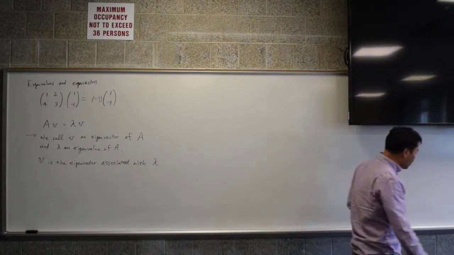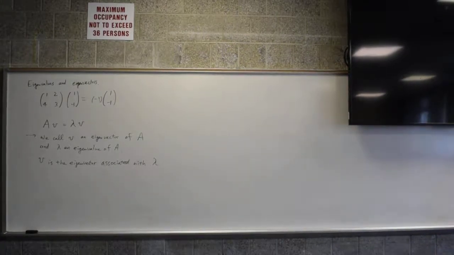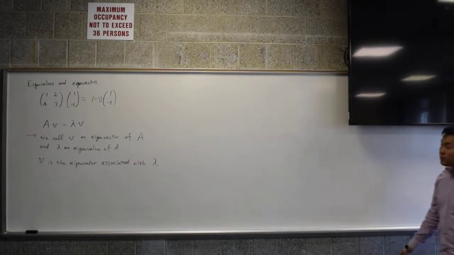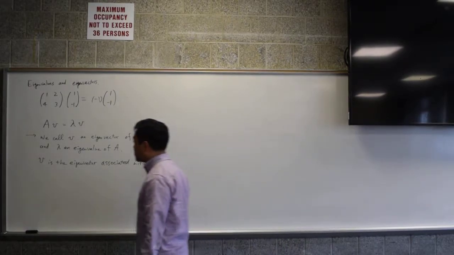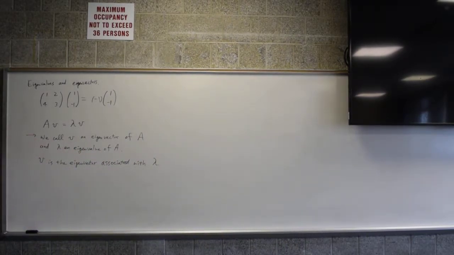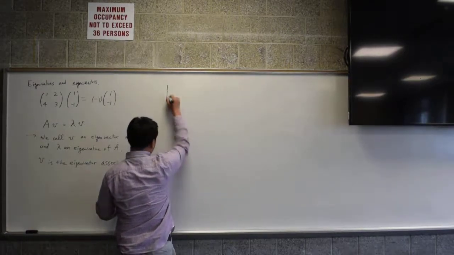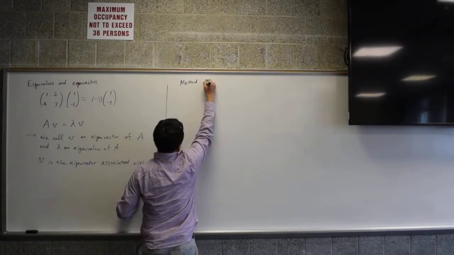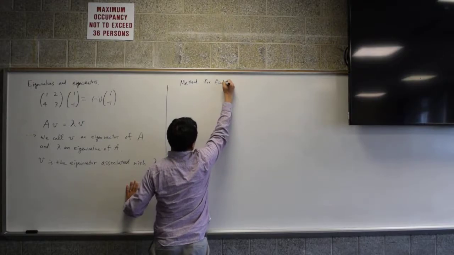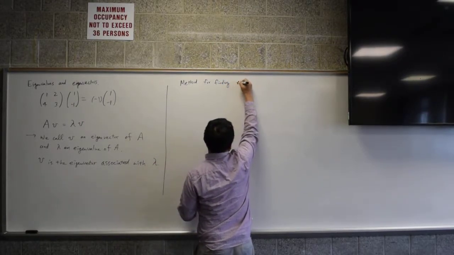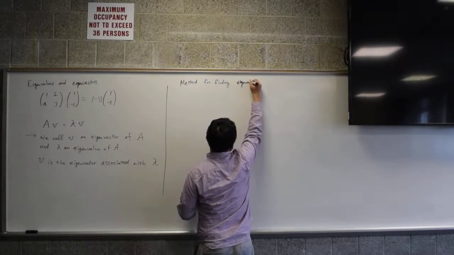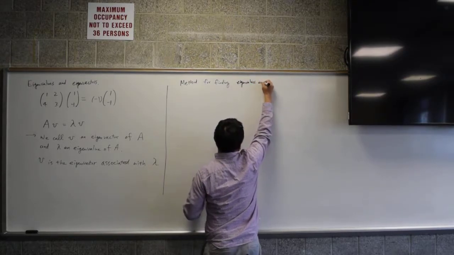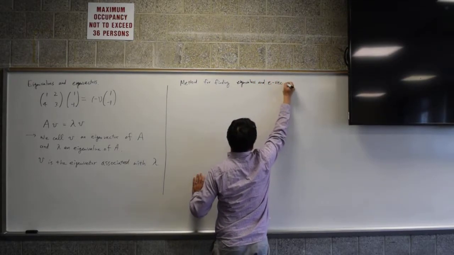First, I'm just going to show you the method, and after you see how the method works, I'll try to explain the theory behind it, why the method works. So here's the method of finding eigenvalues and eigenvectors.